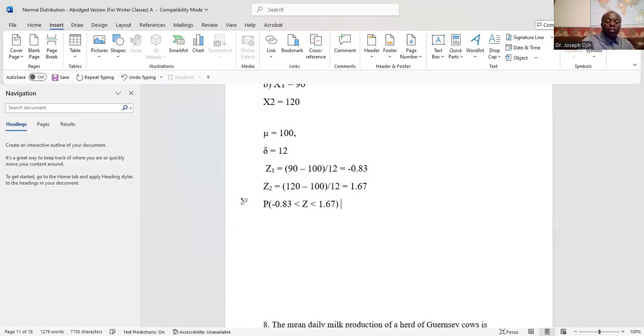That's what I'm looking for. Now, between these two Z values of opposite sign, one is negative and one is positive. That means they're on opposite sides. In that case, the formula to use would be equals NORM.S.DIST.